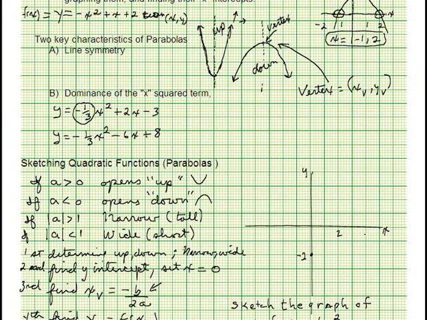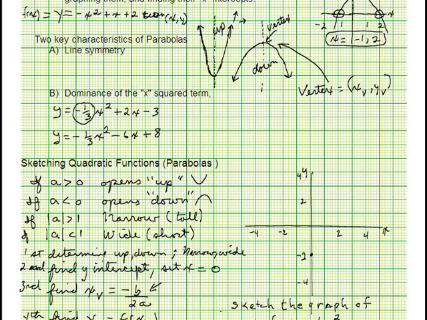And I'll mark these as 2 and 4, negative 2, negative 4. Okay, so there's one point on the graph.